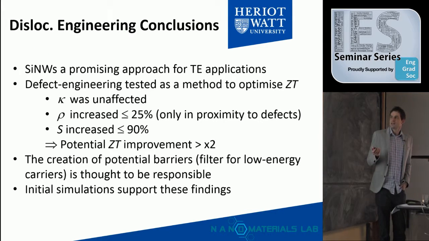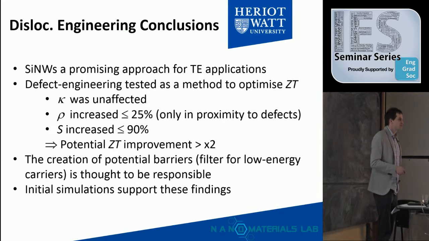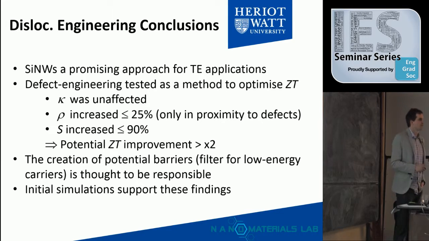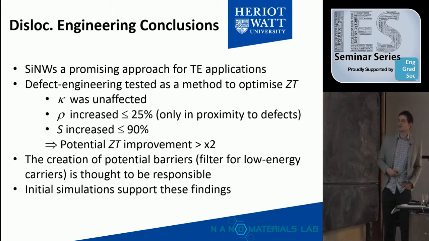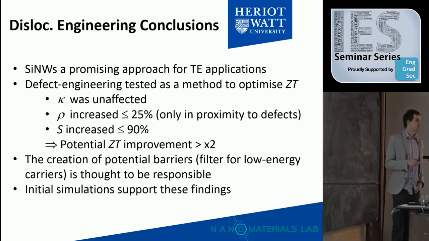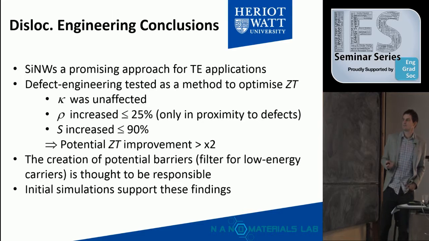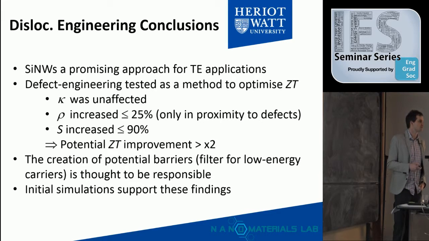So just to conclude on that, we think silicon nanowires are an interesting approach to thermoelectrics. There's certainly been a lot of work in this, particularly in the US. We've tried to combine defect engineering with this approach to try and do things a little better, and we think the combination of the approaches will ultimately lead to good ZTs.